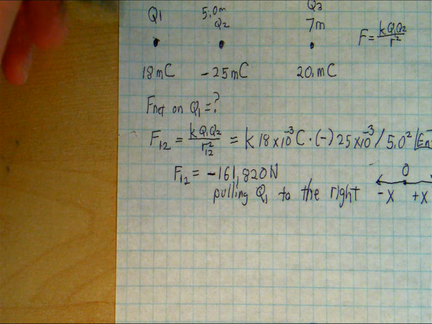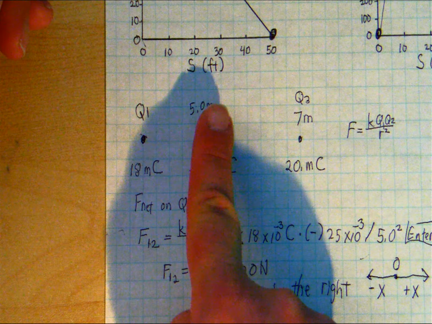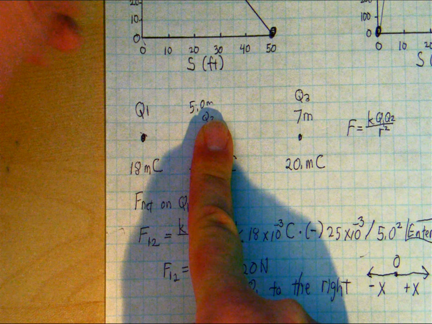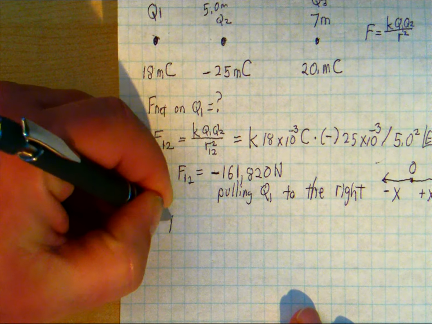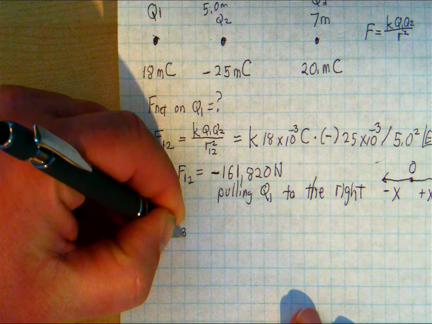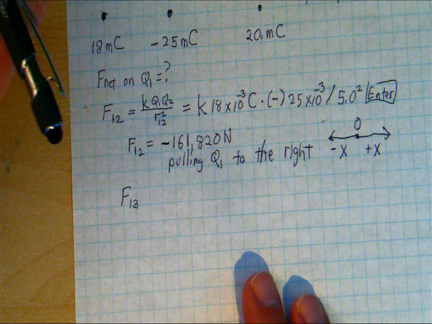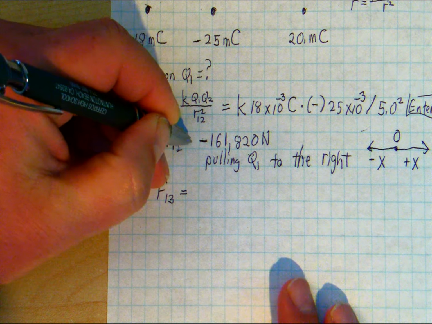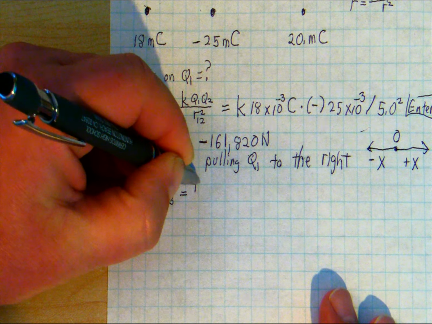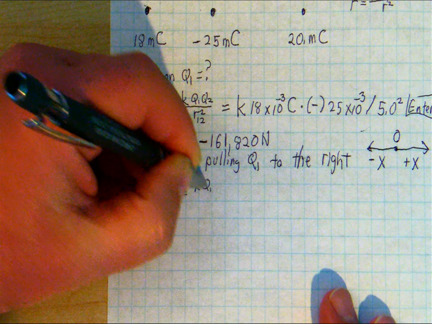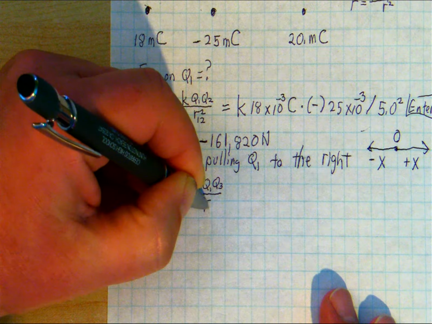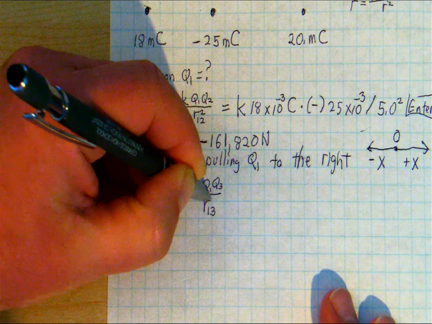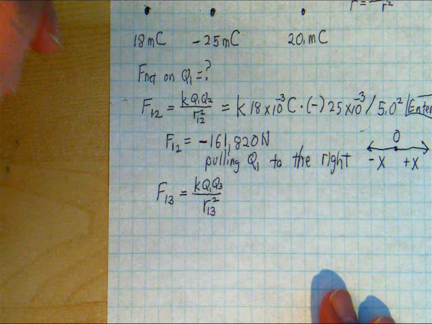Great. Now the process is shut off Q2, turn on Q3, and we're going to calculate the force of interaction between charges Q1 and Q3. That's going to be K times Q1 times Q3 divided by the distance between charge 1 and charge 3 squared.